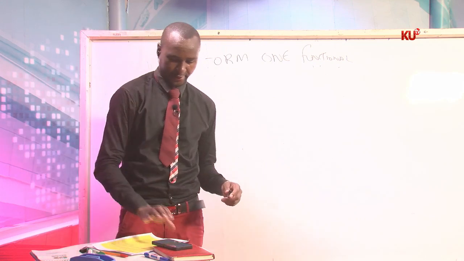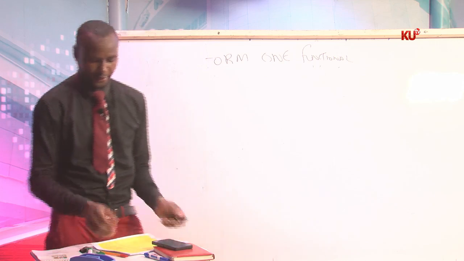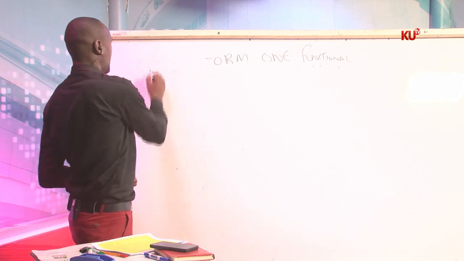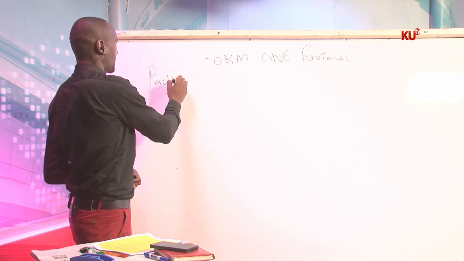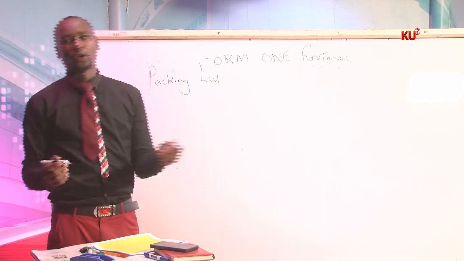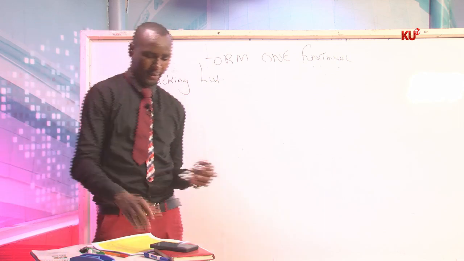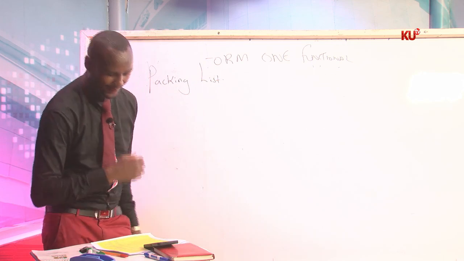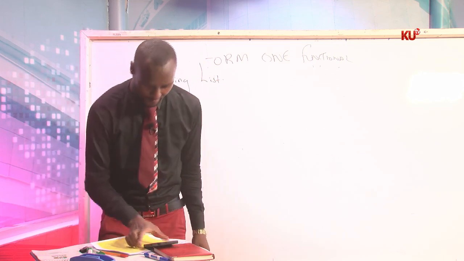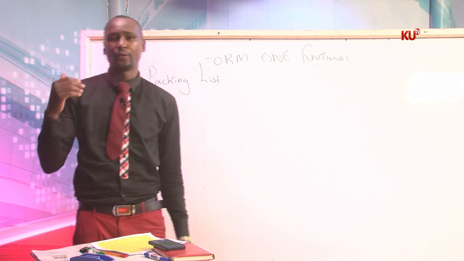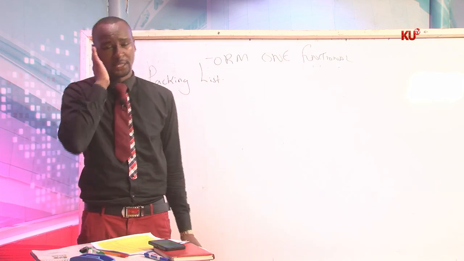Those are the addresses. The other item we have said in Form 1, packing list. This is also Form 1 work. What is a packing list? A packing list is a checklist for what to bring along when you want to pack, when you are going for a trip.